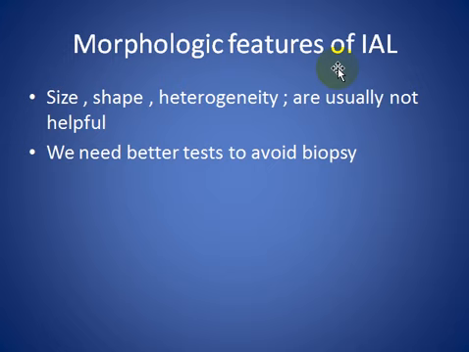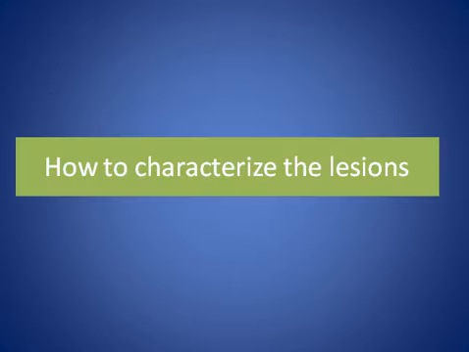Morphological features of incidental adrenal lesion, depending on size, shape, heterogeneity, are usually not helpful in determining if it is benign or malignant. We need better tests to avoid biopsy. How to characterize the lesions?